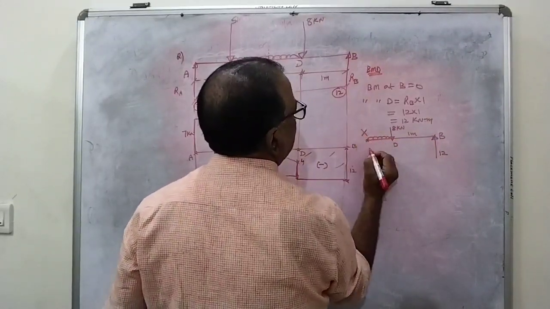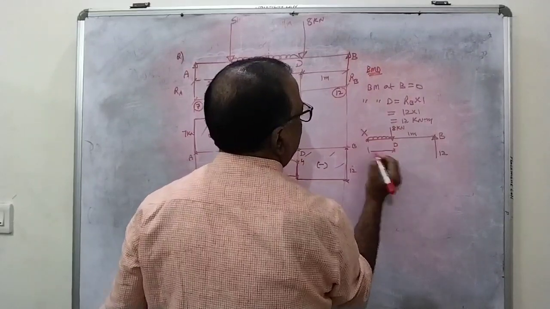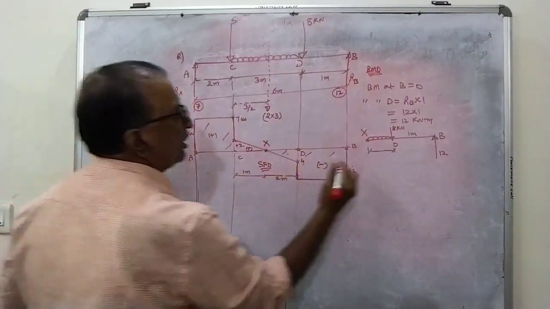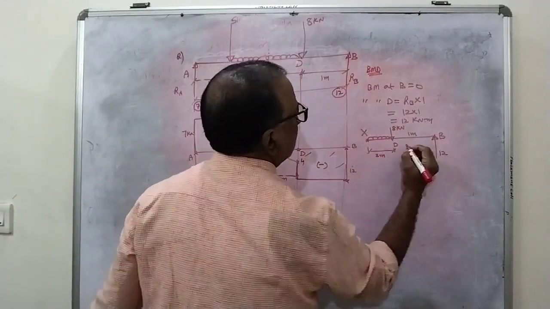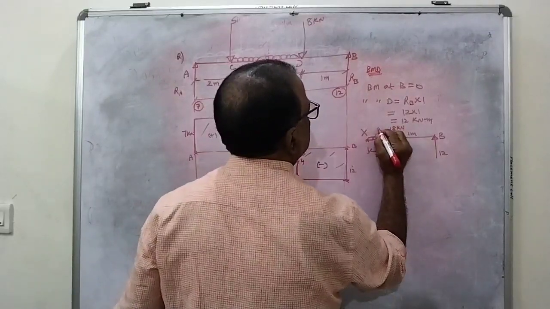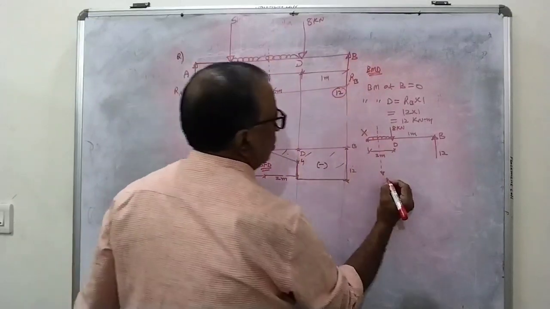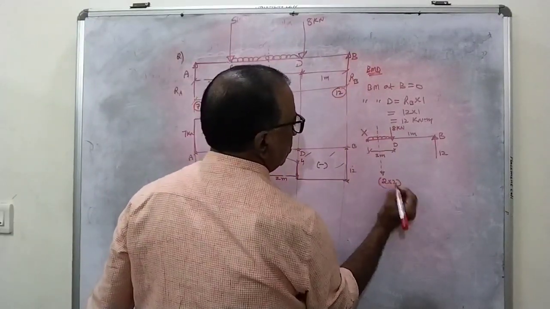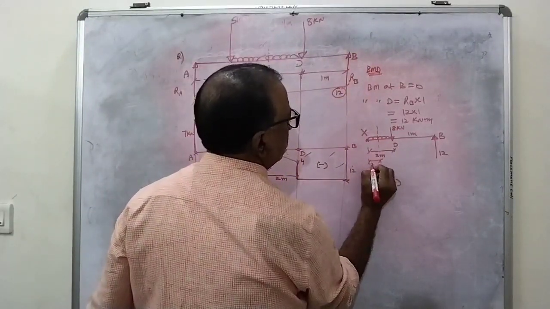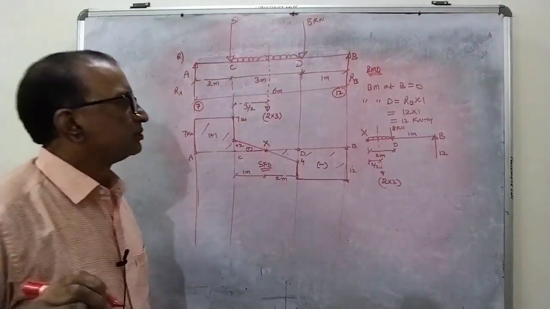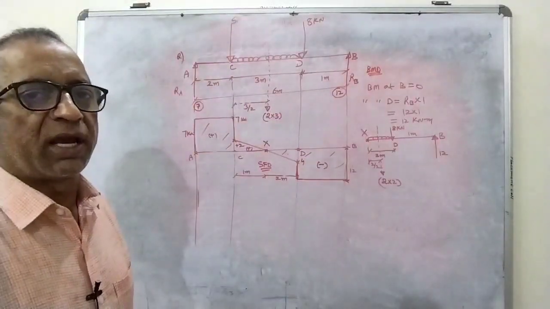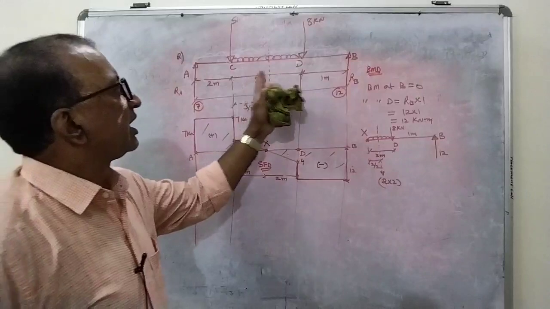This point is X. What is the distance from D? The distance from D is 2 meters. Now what is the intensity of the UDL? The intensity of the UDL is 2. So it is 2 into 2. And what is the distance from X? 2 by 2. This is the free body diagram of the portion XB.